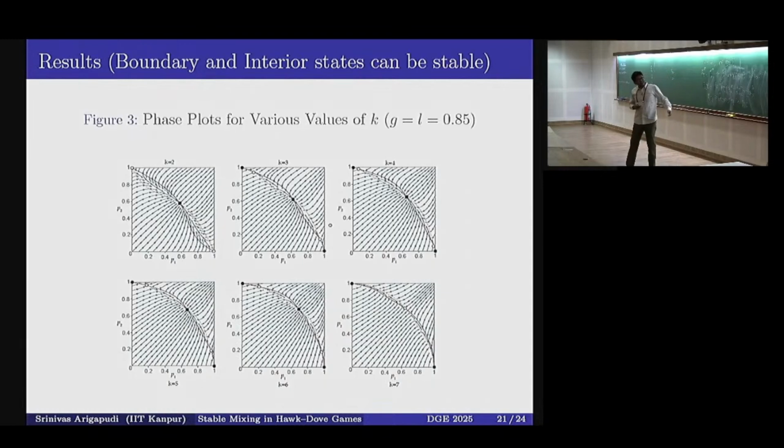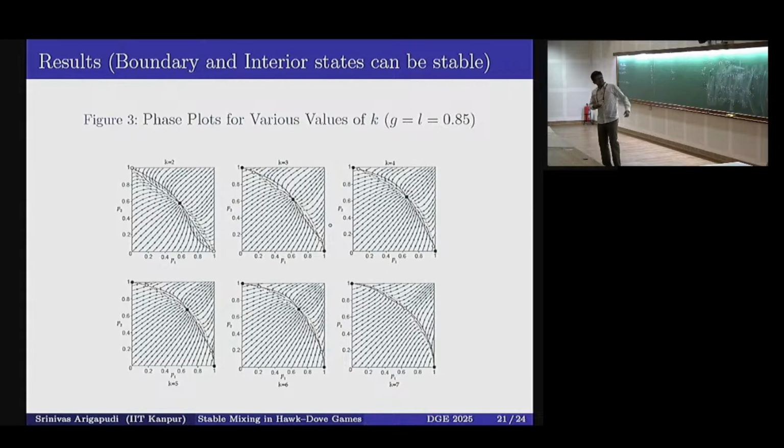Again, I think it's best to represent the results using phase diagrams in these settings. What these phase portraits illustrate is that when you have very large values of k, as I said, the dynamics would represent the best response dynamics, and the only things which are going to be stable are the boundary equilibria.